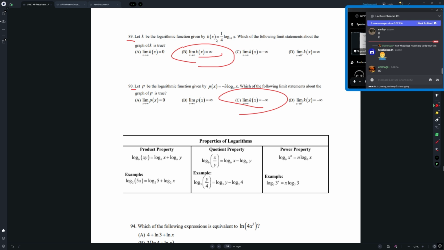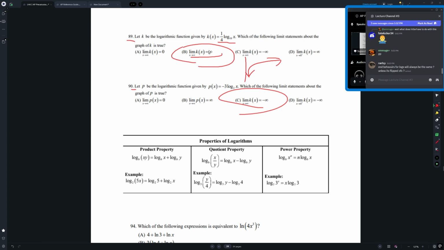The way you do 89 is there's no vertical flip, so we still have our normal graph. So as it's going towards infinity, it's going towards infinity, as you can see. It'll always be the same, except the negative infinity one, because it approaches the asymptote.